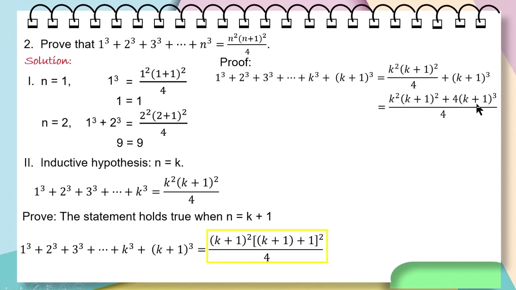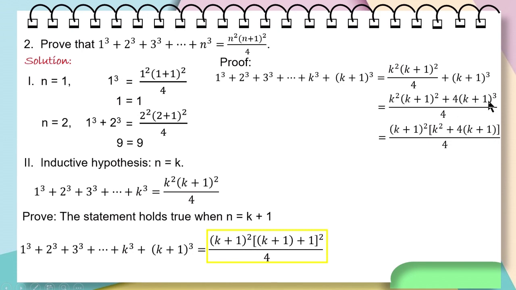Then find the common factor. The common factor is k plus 1 squared. Take note that dito meron pa tayong isang k plus 1 na factor since we just factored out k plus 1 raised to 2. Then we copy k squared plus 4 times k plus 1.